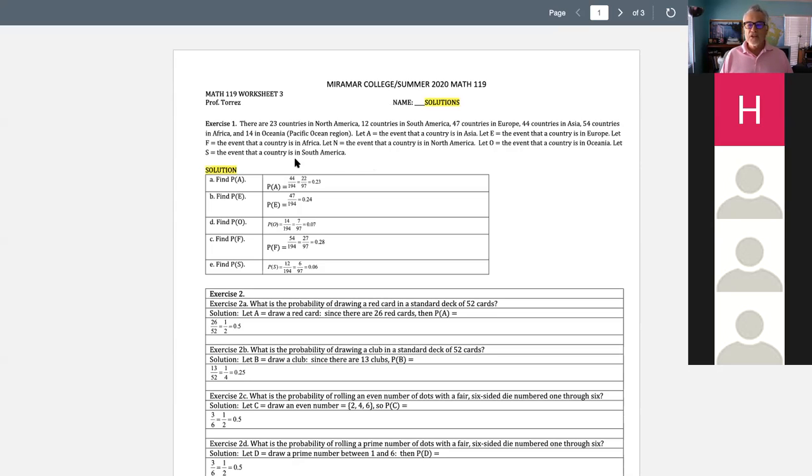So the problem reads as follows. There are 23 countries in North America. And the reason that there are so many in North America is that they're throwing in countries in the Caribbean, which are considered part of North America.